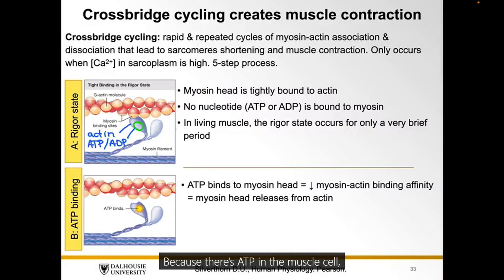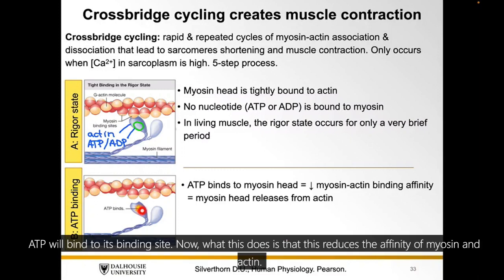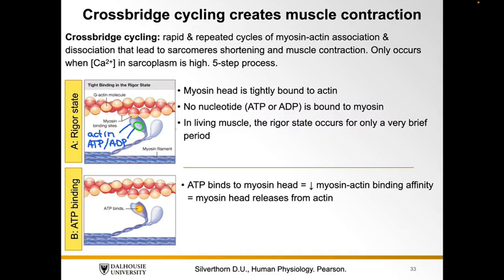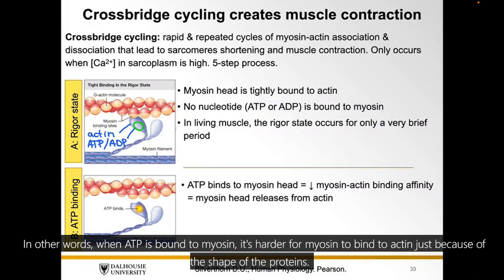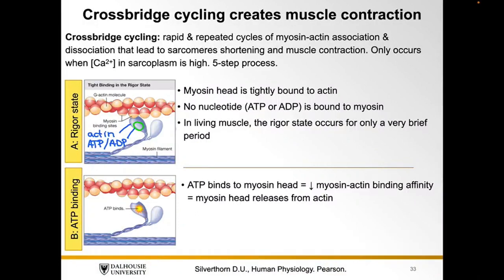Because there's ATP in the muscle cell, ATP will bind to its binding site. What this does is that this reduces the affinity of myosin and actin. In other words, when ATP is bound to myosin, it's harder for myosin to bind to actin just because of the shape of the proteins.